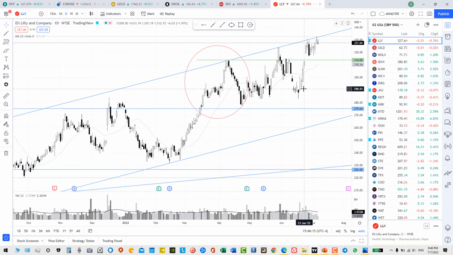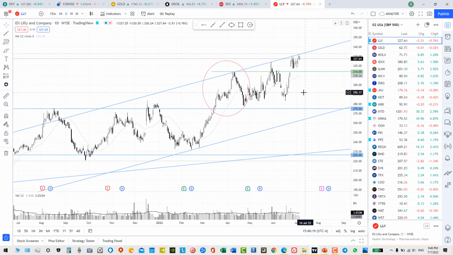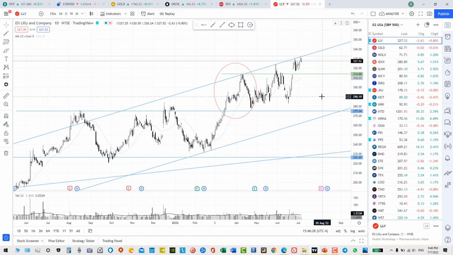So all these point to 340 as a short-term target, maybe more at the longer time frames. We can speak of 350 or much more.